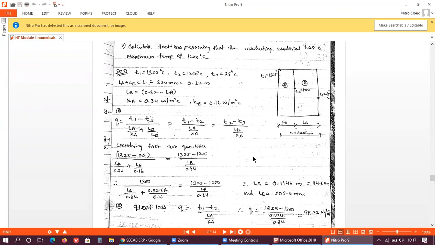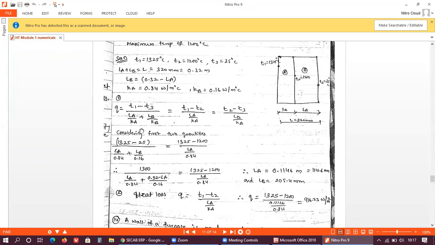So from this you can see here, I will equate the first two. यहाँ पे देखो, considering first two quantities, ये quantity equate करना है इसके साथ में, right? So if you equate these two and substitute the values, you will get this expression.